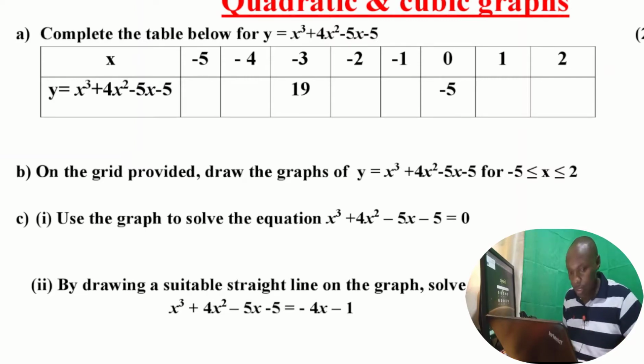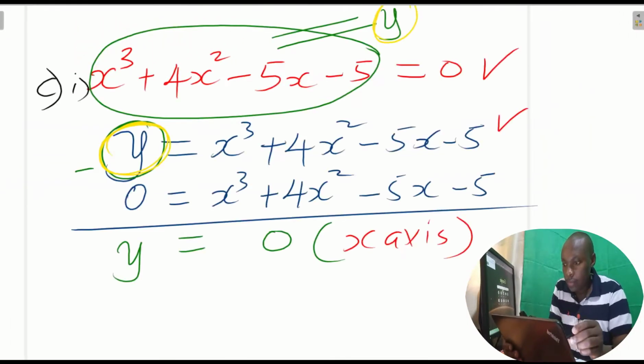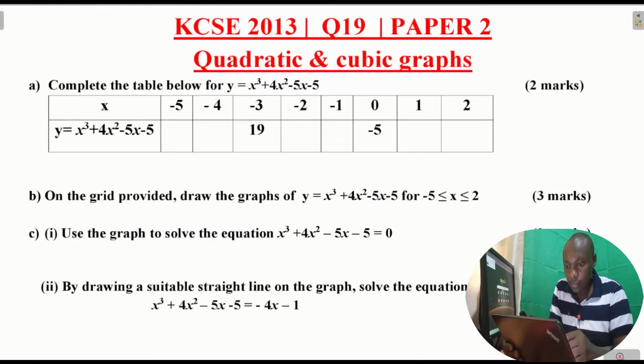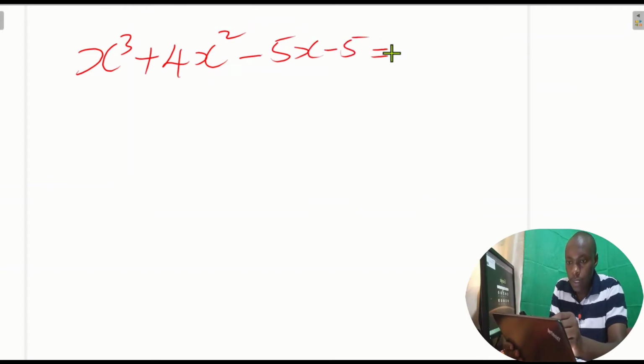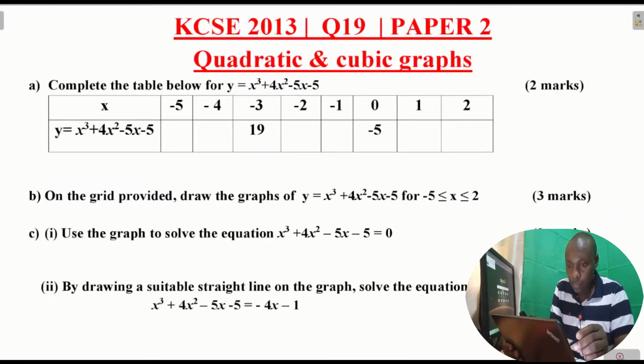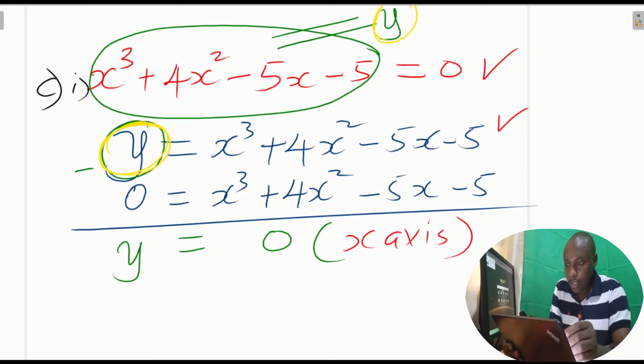So let me write these: x cubed plus 4x squared minus 5x minus 5 is equals to negative 4x minus 1.